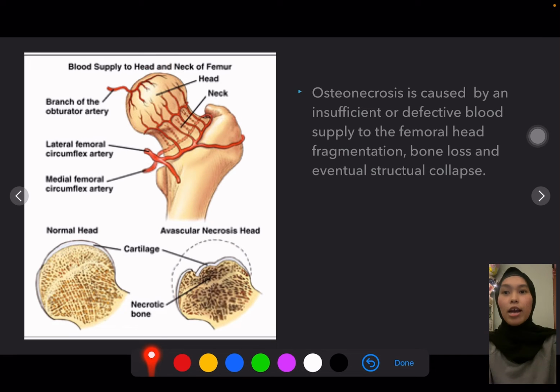That's why there will be necrosis on the femoral head like this. So this is the difference from the normal femoral head, and this is what happens when the blood supply is not coming to the femoral head. It will become necrosis of the head.